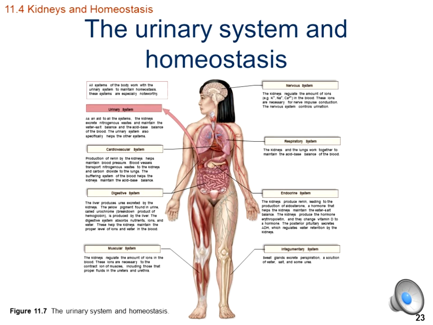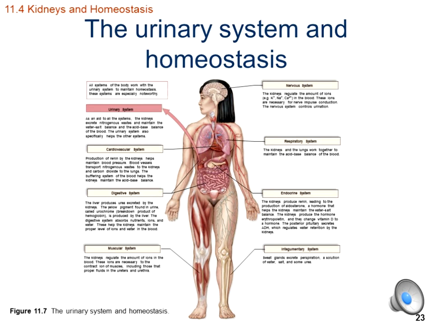So the urinary system in homeostasis: the big job of the urinary system in maintaining homeostasis is maintaining the water-salt balance and the consistency of the blood, and getting rid of some of those toxins or drugs through the urine.